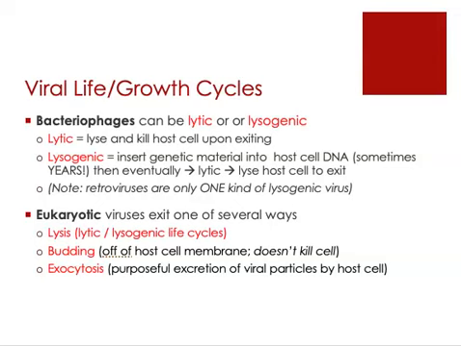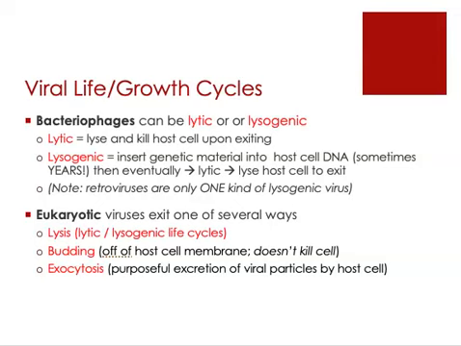Bacteriophages, remember those are the kinds of viruses that can infect bacteria. They can have two distinct life cycles, two types of growth cycles, if you will. What we call a lytic cycle and a lysogenic cycle. So those are terms we should be familiar with.